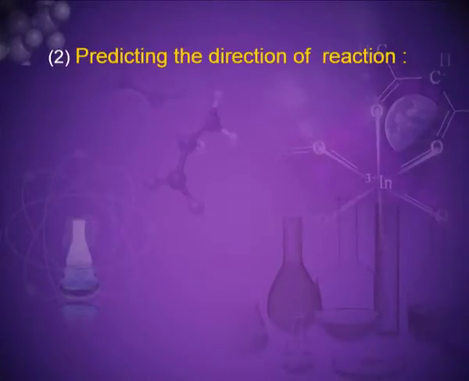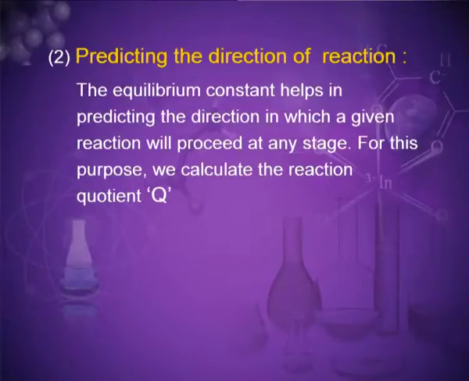Now, the second application is predicting the direction of reaction. The equilibrium constant helps in predicting the direction in which a given reaction will proceed at any stage.